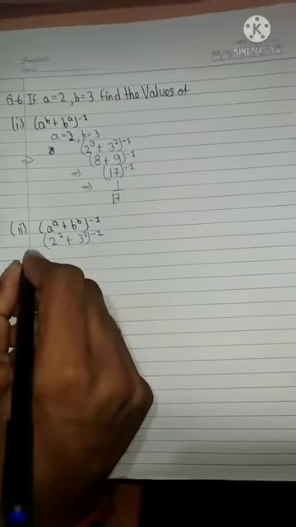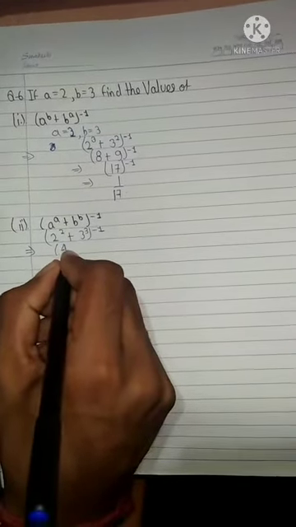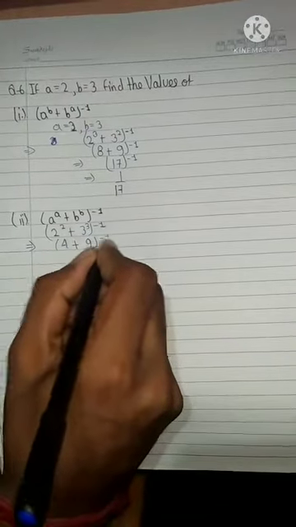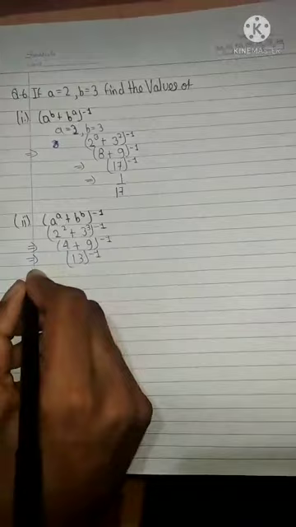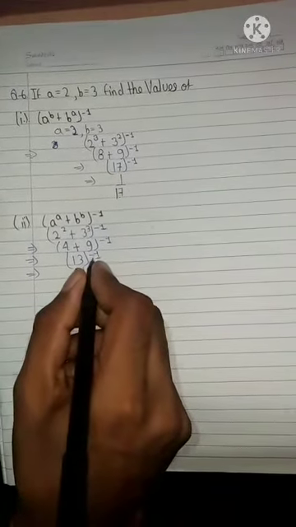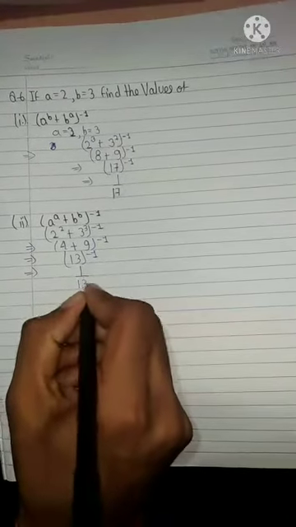Then it becomes 2^2, which is 4, plus 3^3, which is 9. Then it becomes 13^-1, and changing the numerator and denominator because the exponent is negative, it becomes 1 upon 13.